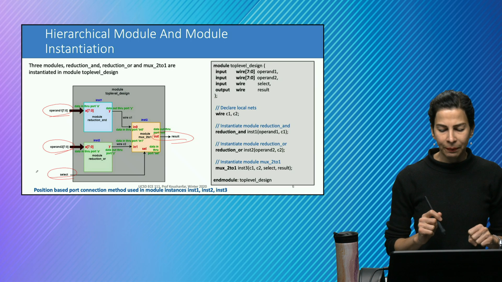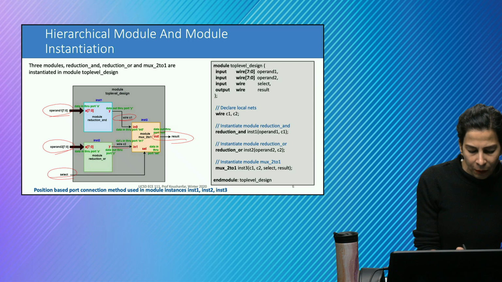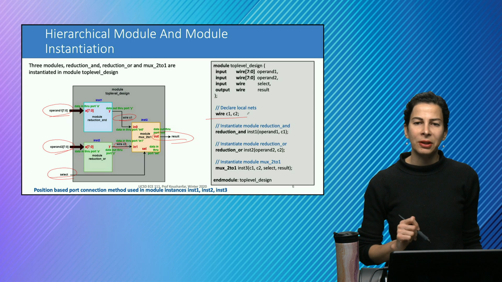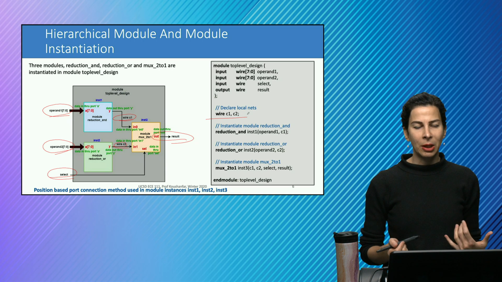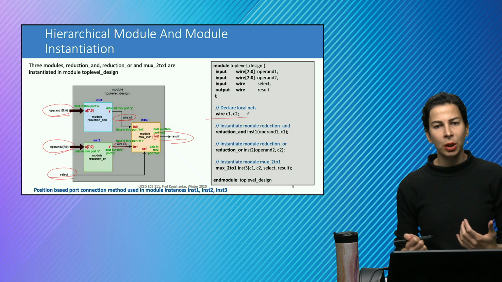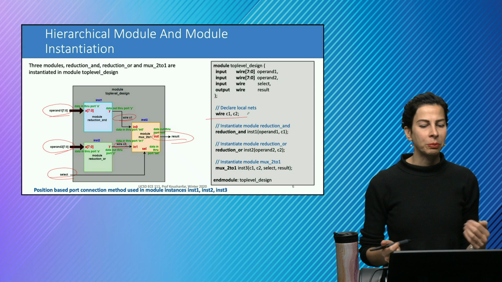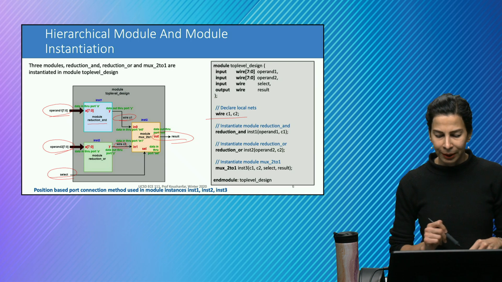Then I'm going to have these local variables, the wires C1 and C2, which are declared here. Then we're just going to instantiate a module. When we instantiate a module, we say what will be the input to that module and what will be the output. In this particular case, the input to the reduction OR will be operand 1, and wire C1 will be the output.